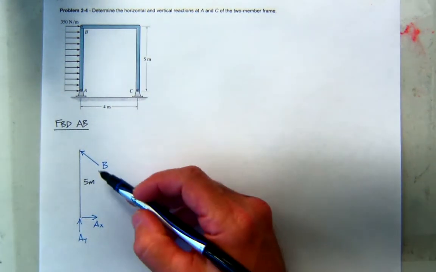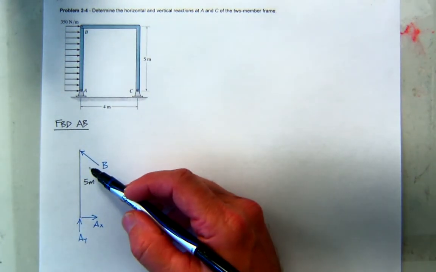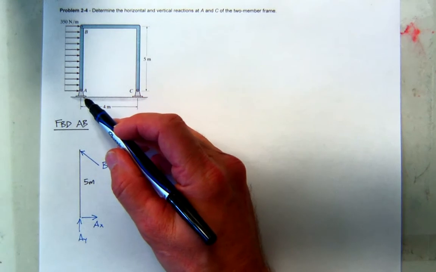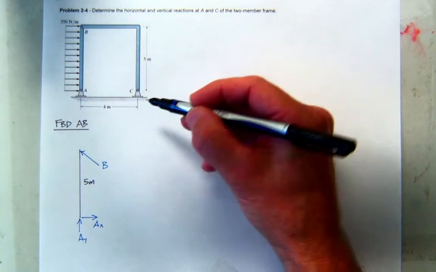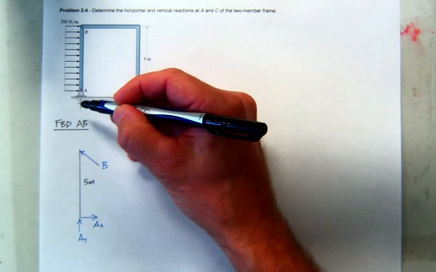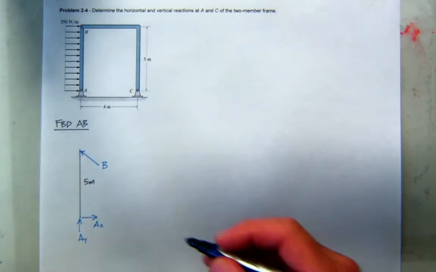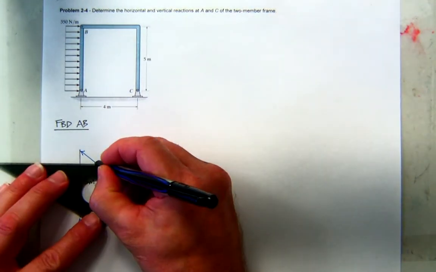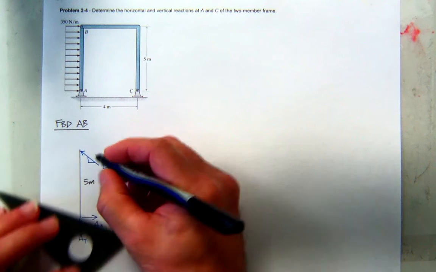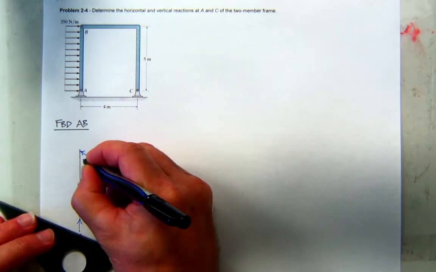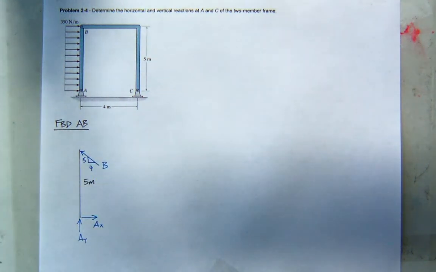Now how do I know the direction here? Well, the slope here would be 4 across and 5 up. That will be a weird slope, but that will tell me the direction I need. 4 to 5, right? I think I'll draw that later up here so we can see it a little more clearly.